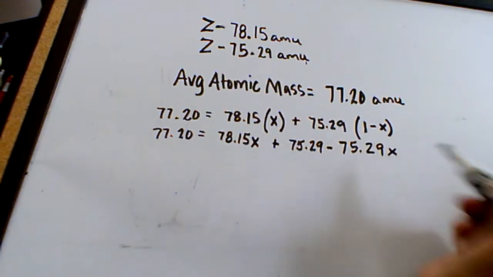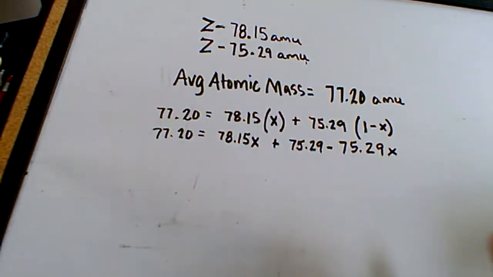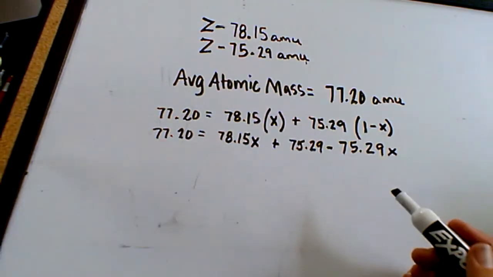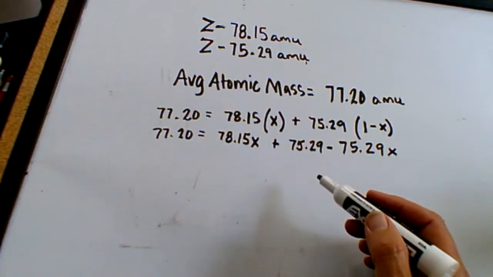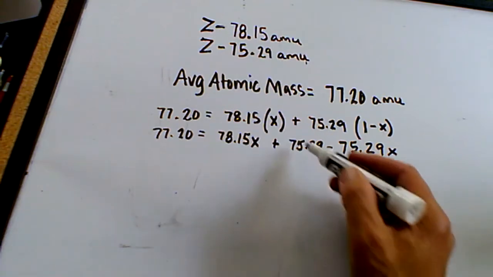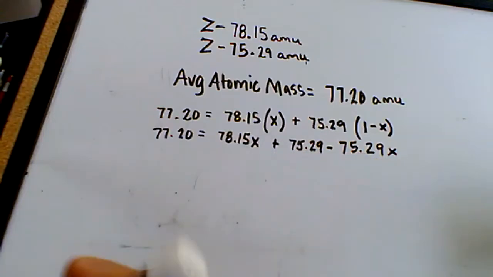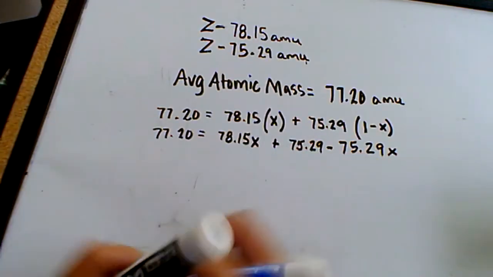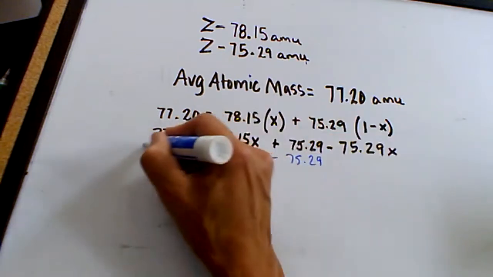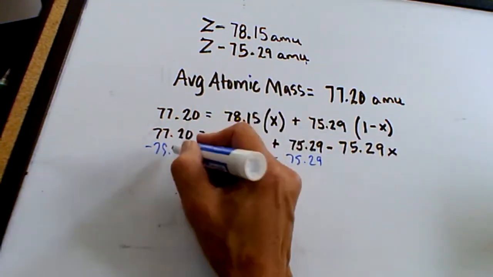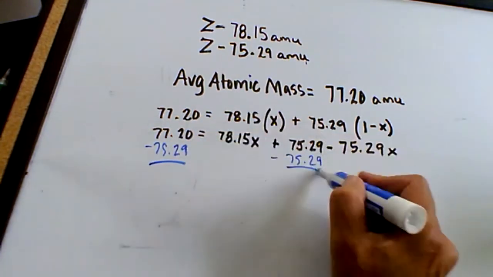Now I need to just start simplifying this. So what I'm going to do is subtract this from both sides of my equation. You guys are better at math than I am. That's going to give me 0.